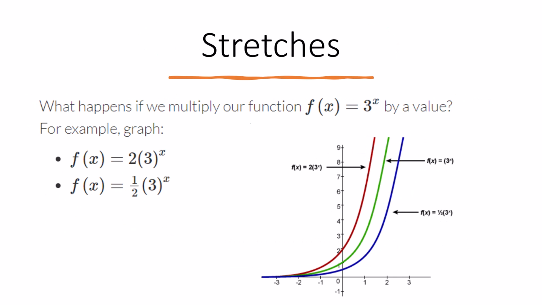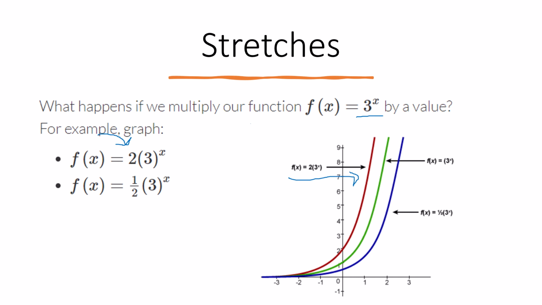Stretches happen if we multiply our function, some exponential function, by a value. So when we multiply by a number such as 2, it's going to look like this. Now this is just a brief introduction. Make sure you're going through the course content so you can see it and practice it better.